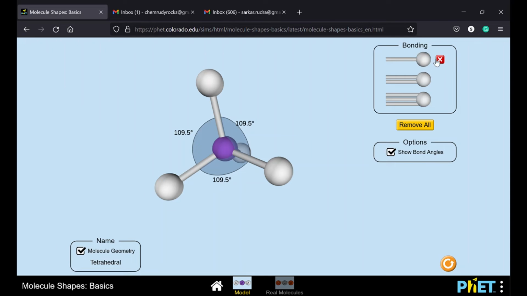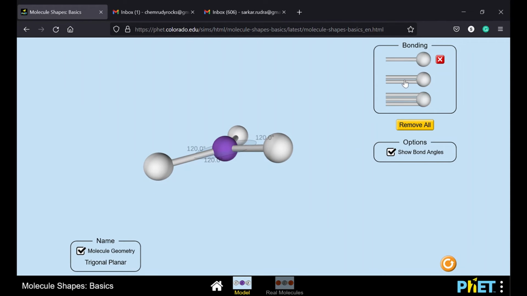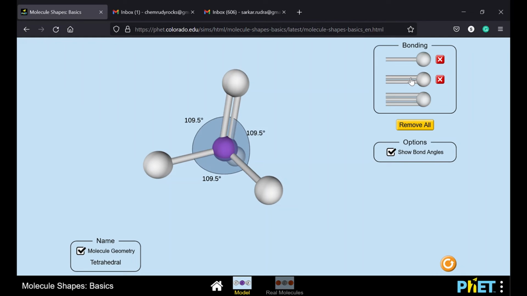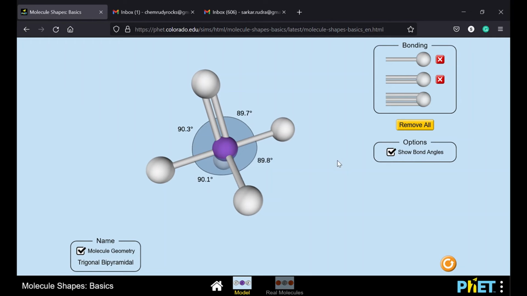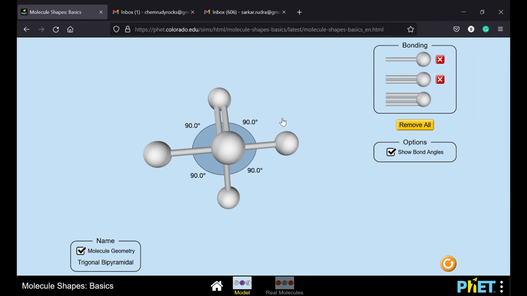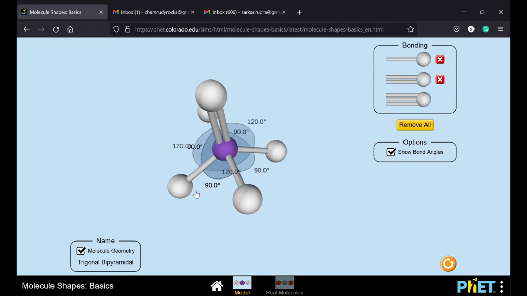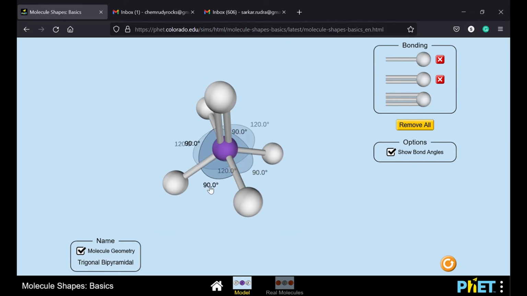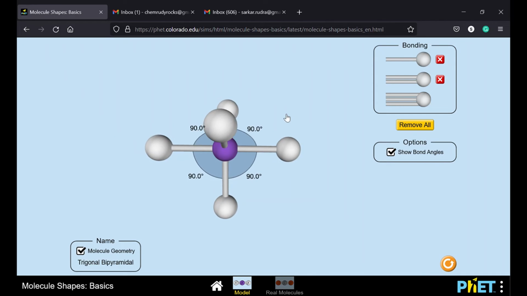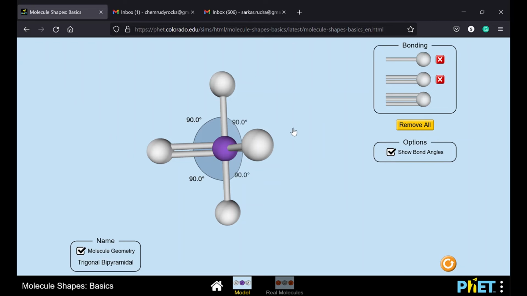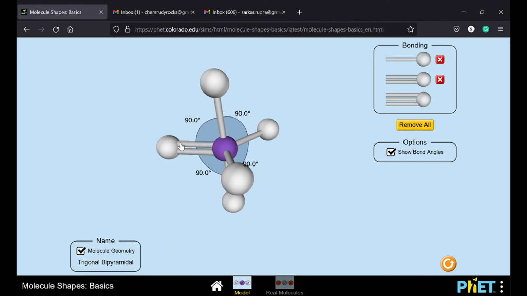Okay, so what I'm going to do is, do we have the arrangement as we are thinking? Oh yes, we have got it. So now here you can see this particular double bond is in the equatorial plane.